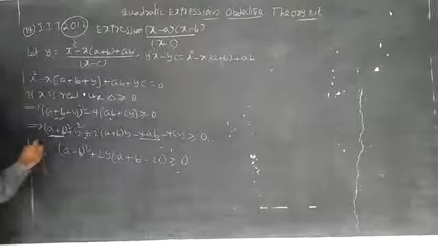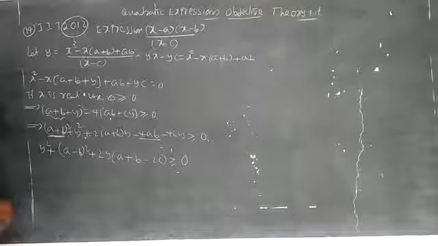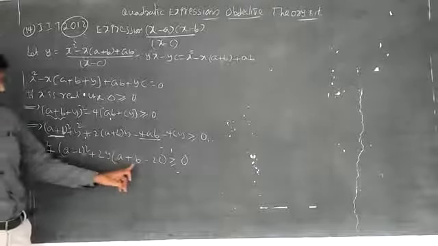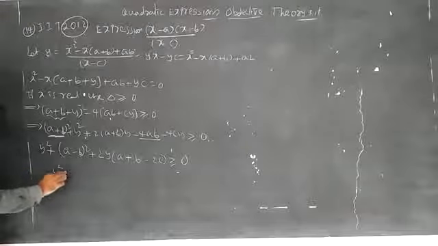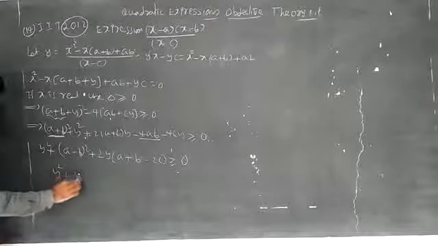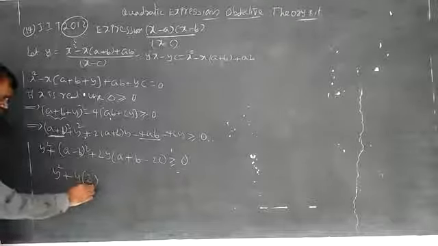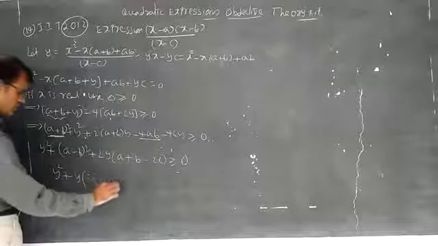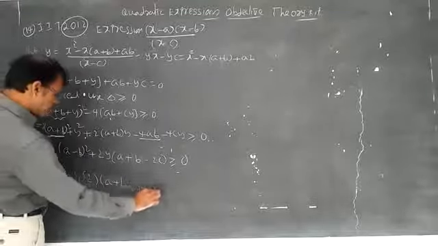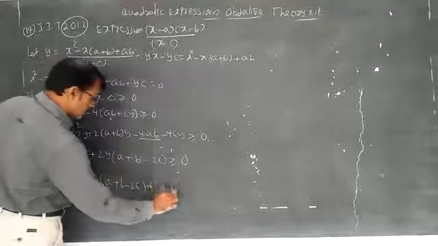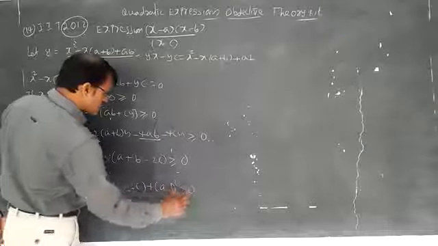And y square is also simplified: y square plus 2y into (a plus b minus 2c) plus (a minus b) whole square greater than or equal to 0.